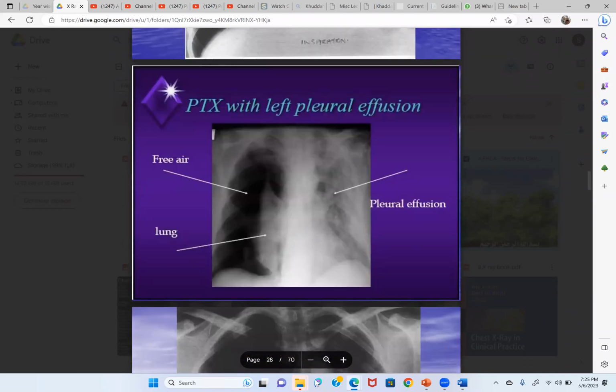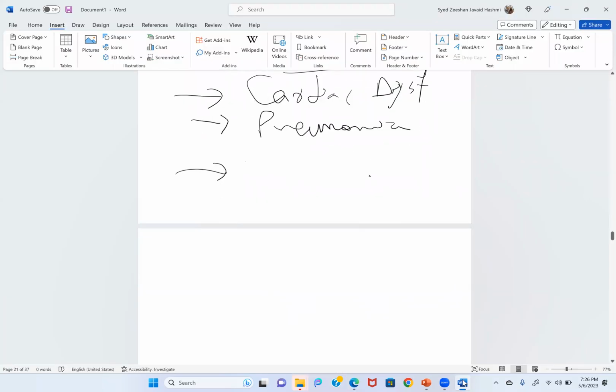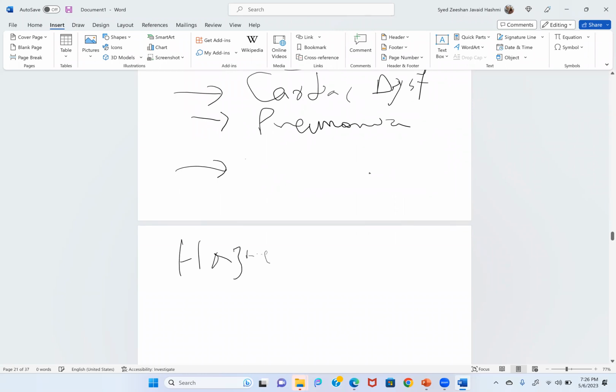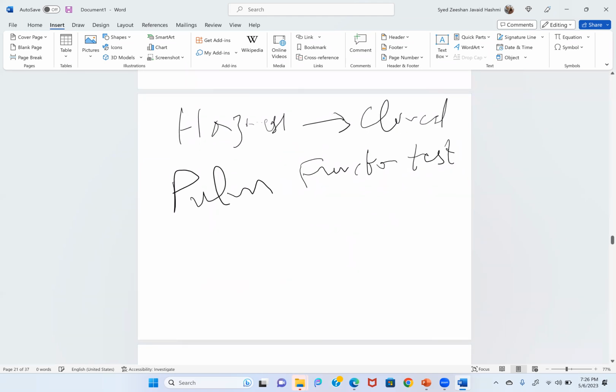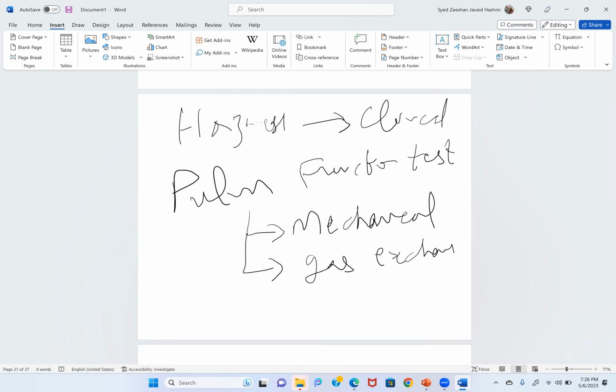Whatever the reason is, when you interpret, for example, if you have haziness and some clinical symptoms, you have to correlate with some other investigation, like pulmonary function tests, because with reference to the pulmonary system, we have to rule out any mechanical problem, any problem with gas exchange, and the cardiopulmonary reserve.